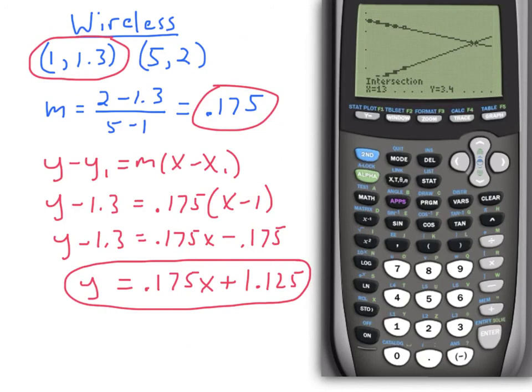Now remember, in our case, we didn't use x, we used t. So t would be 13, and that's 13 years after the year 2000. That would make it 2013.